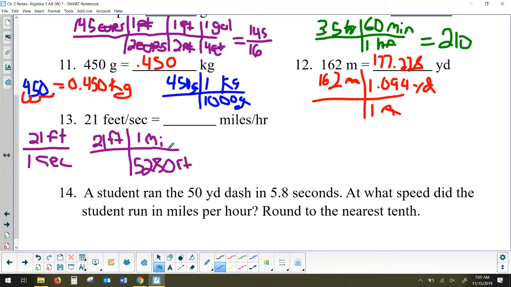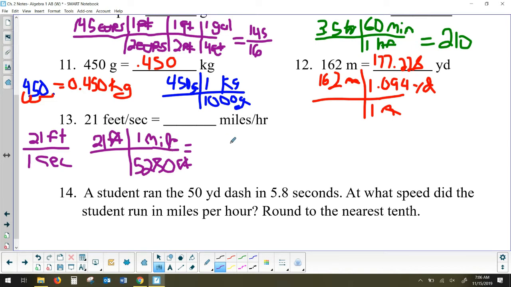Feet has to go to miles. You check feet and feet, so they cross out. 21 divided by 5,280, right?